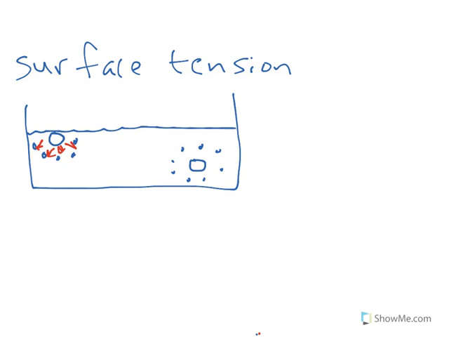My water particle at the surface is going to be pulled down. However, my water particle below the surface has a net effect of 0. All the particles around it are pulling with the same intensity, therefore that particle would remain relatively static. It does not experience a net downward pull at all.